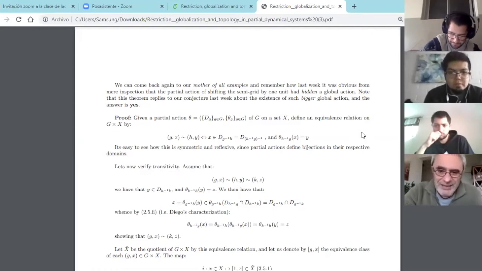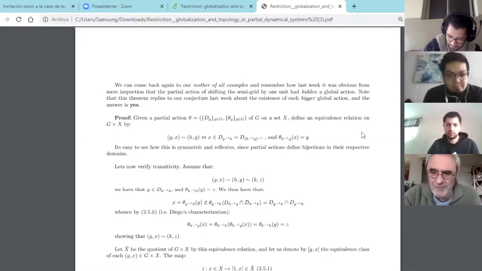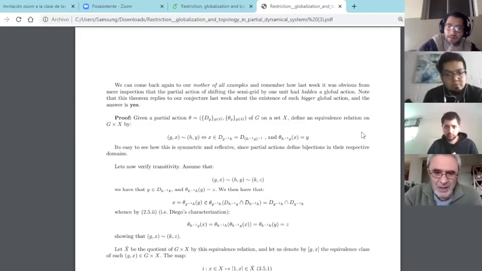So they are connected by a transformation. So they belong to the same orbit of the partial transformation. On the other hand, if theta were a global action, the final equality in this definition could be written as theta g of x is equal to theta h of y.